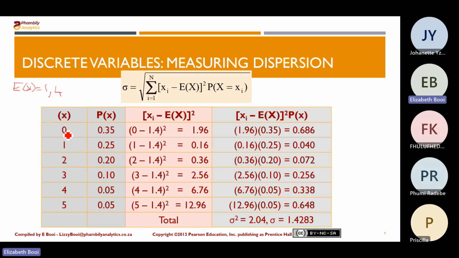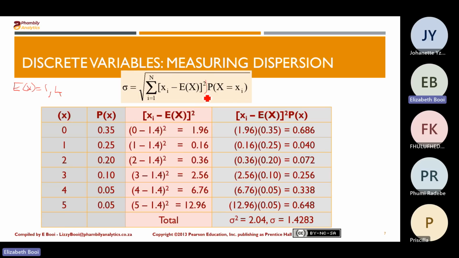So we say 0 minus 1.4 and we get minus 1.4, and then you square that answer and you get 1.96. And you do the same: 1 minus 1.4, which is minus 0.4, and square the answer, that gives you 0.16. And you continue with the rest of them.